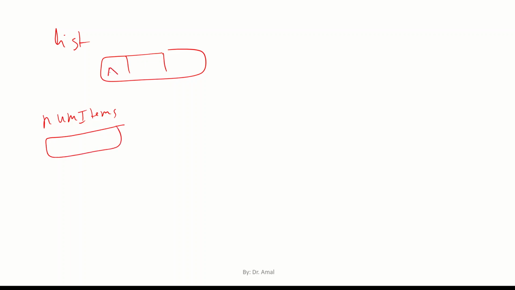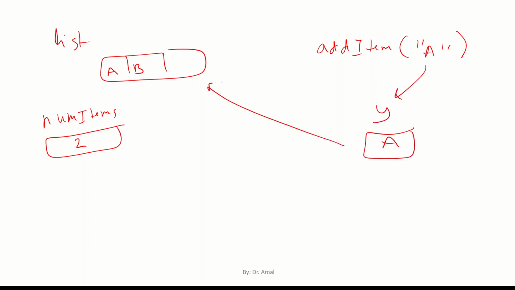And let's assume I have 2 items, A, B, so number of items will be 2. Now, if I have an add item, and I have to add a new item, which is A, so it means A will be sent as a parameter, and I have to add A to my array.